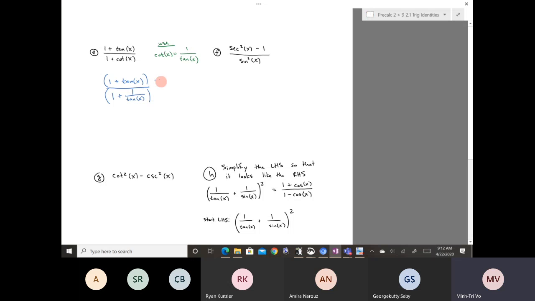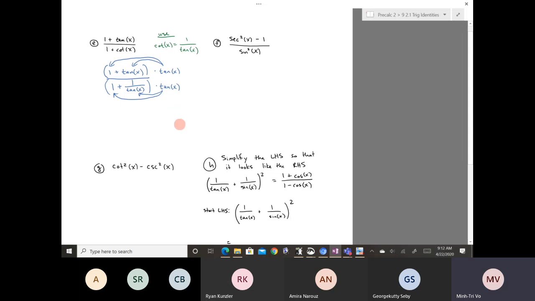So I multiply the top by tangent, I multiply the bottom by tangent. Okay, and then I have 2 things in the numerator and 2 things in the denominator, so I need to distribute.